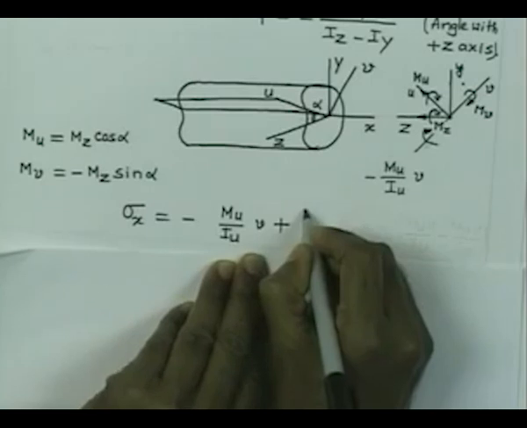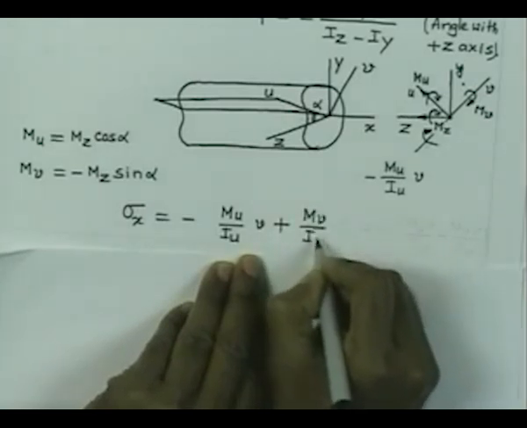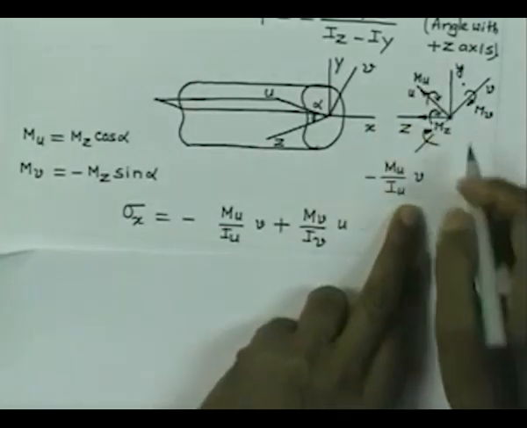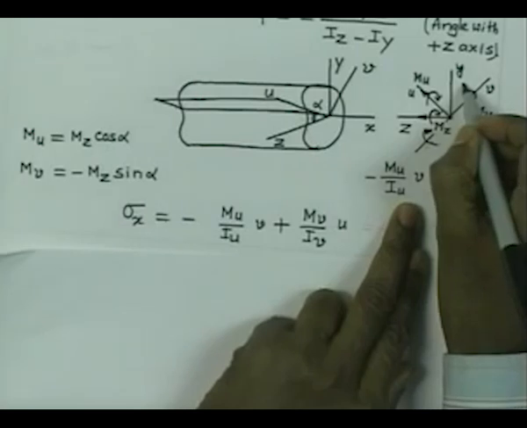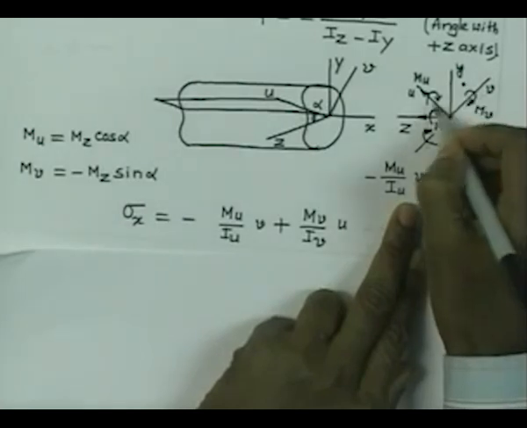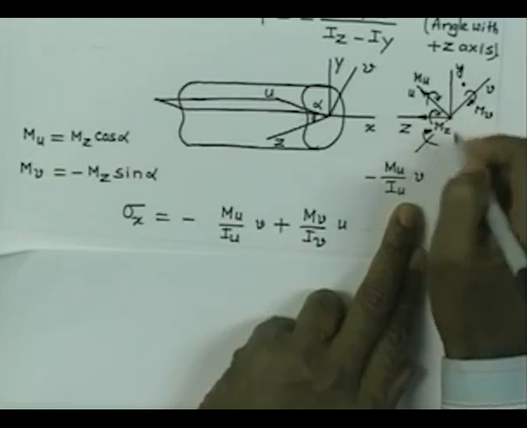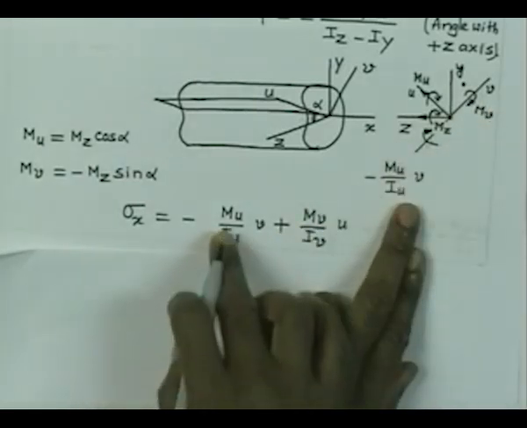So, my stress would be nothing but Mv by Iv into u, that is the stress. Now, note that for this sort of bending moment, you are going to get positive stress, tensile stress, for u positive, and it is going to give rise to compressive stresses on the bottom half of the section. So, therefore, we have tensile stress due to Mv and compressive stress due to Mu.